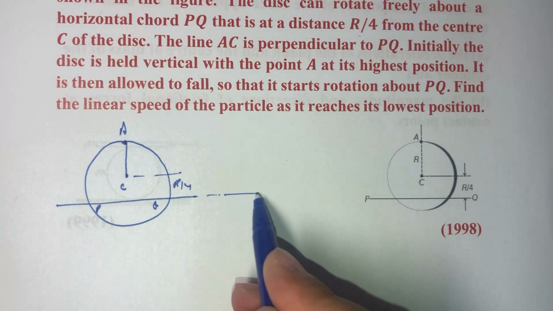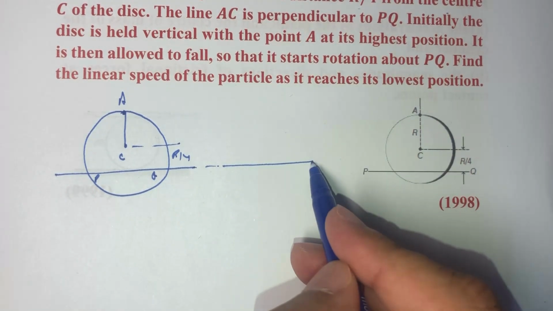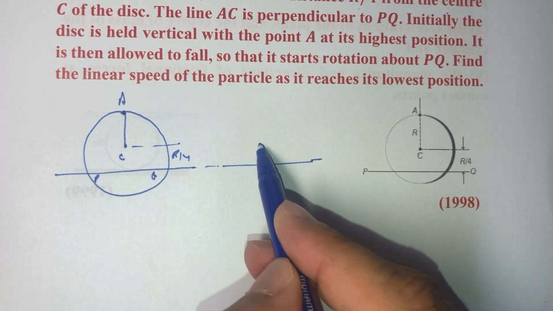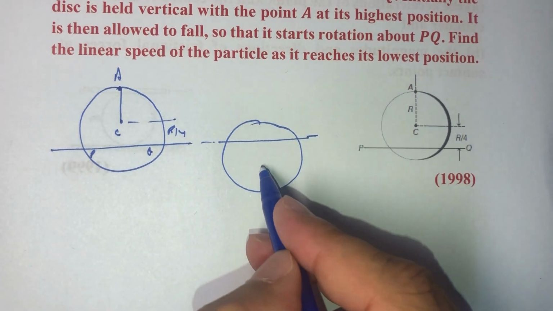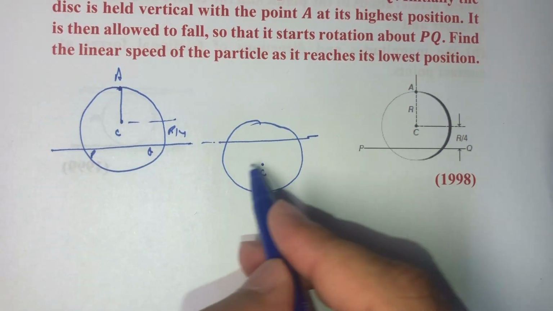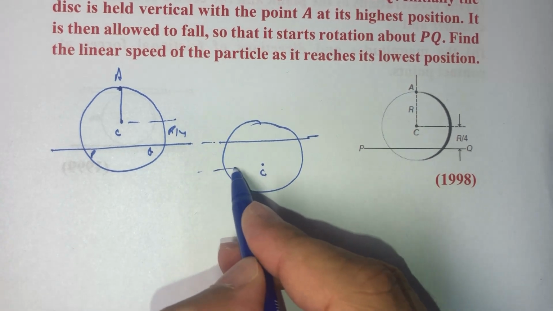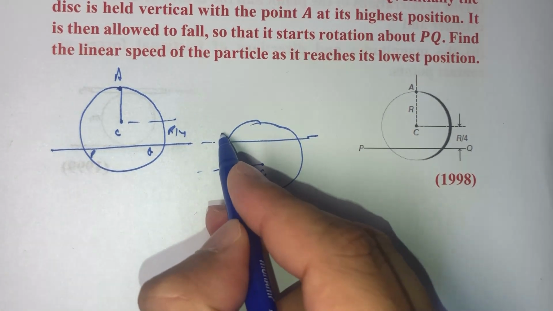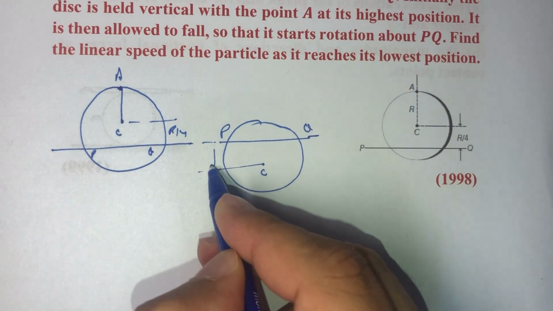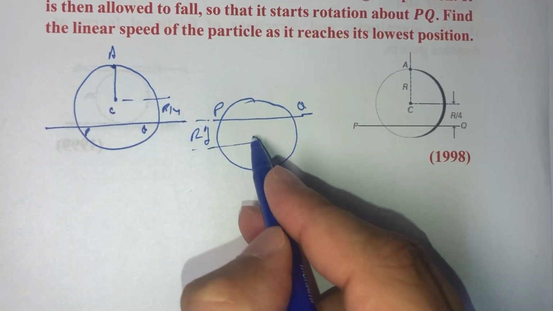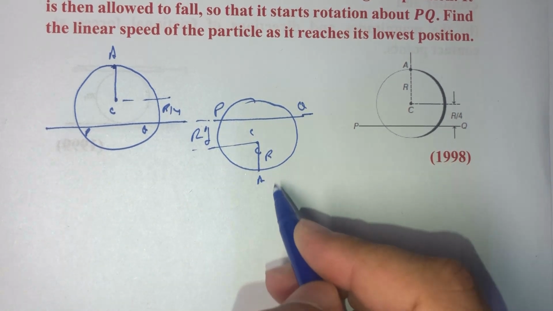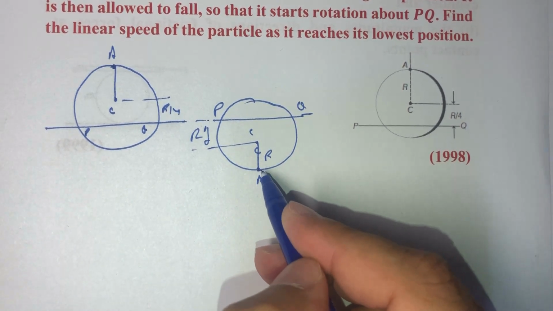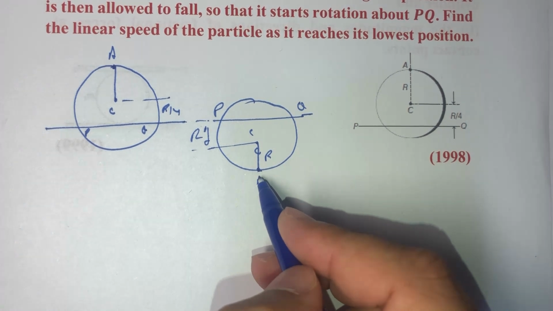So after rotation it will be coming like this. Now point C will be here and its distance from the chord PQ will be r by 4, and we have a point A which will be r distance, and this mass is fixed at point A.